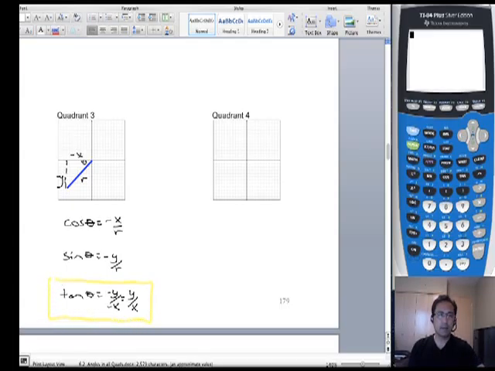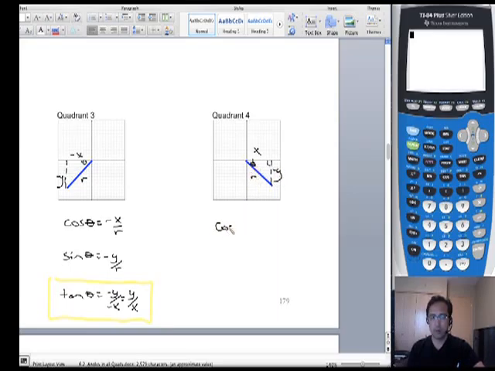And lastly, in quadrant 4, we know that our x value is positive and our y value is negative. So we create our line and drop the perpendicular to the x-axis. The x is positive, the y is negative. Here's our measure of theta, and here's our r.